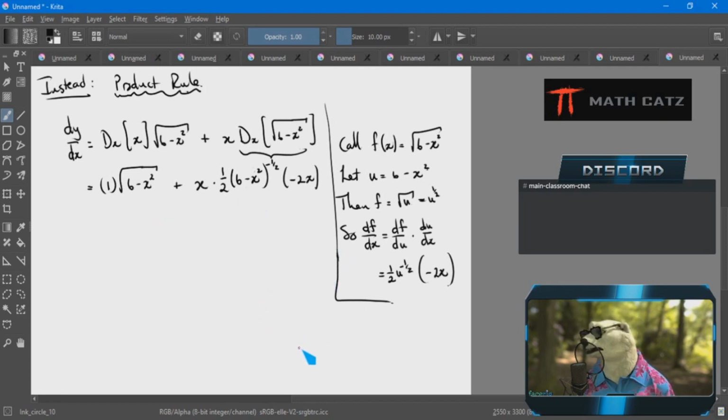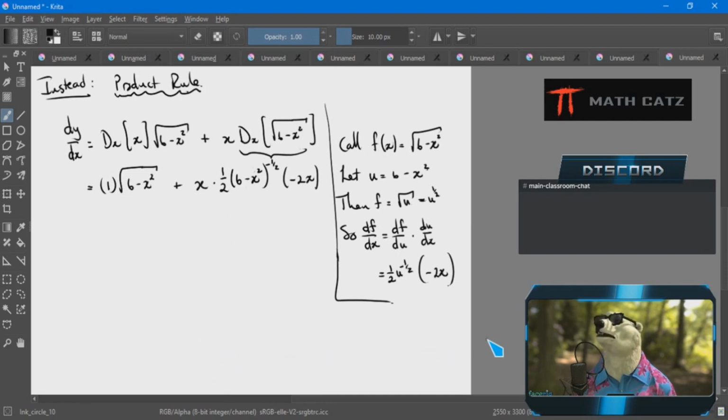Look at all this. A month ago, we weren't even close to doing something like this. Look at all this. I think we should be proud. Do I care to go further with this answer and simplify it? No. No. Personal choice. Personal choice.